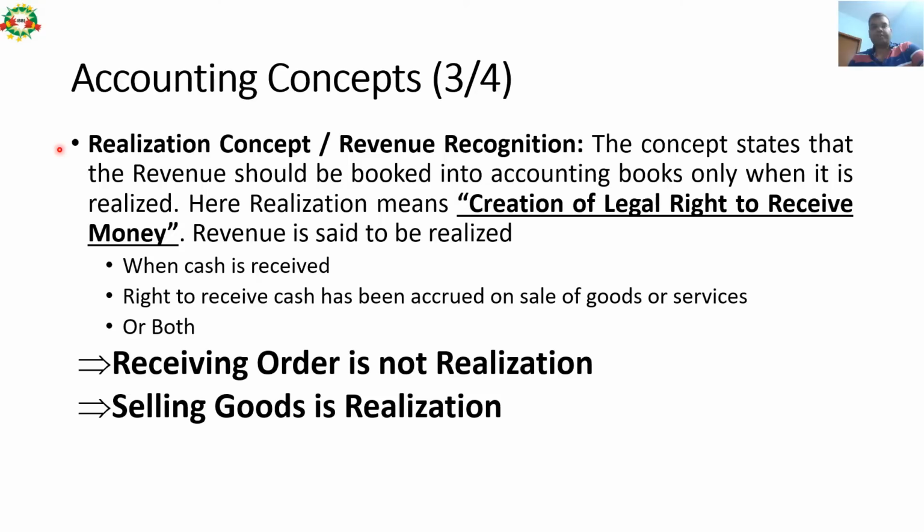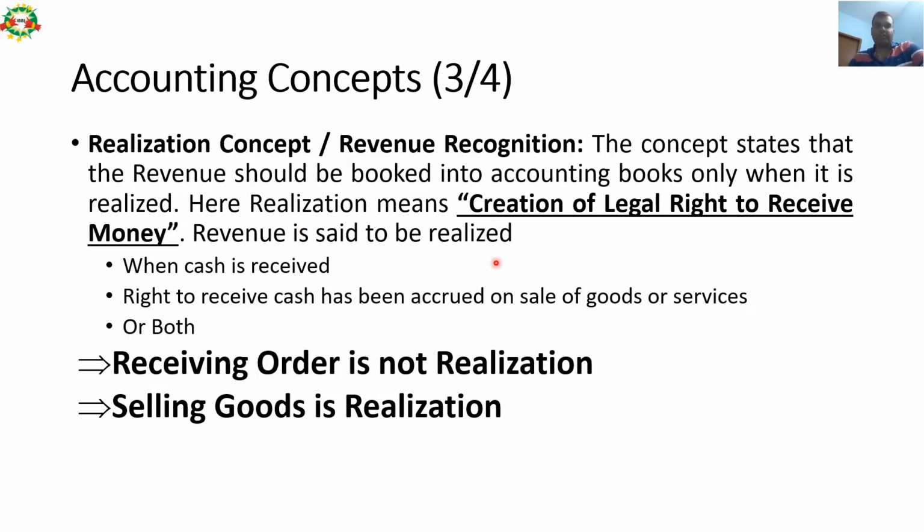Sixth accounting concept is realization concept, and it is also called revenue recognition concept. The concept states that revenue should be booked into accounting books only when it is realized. Here realization means creation of a legal right to receive money.